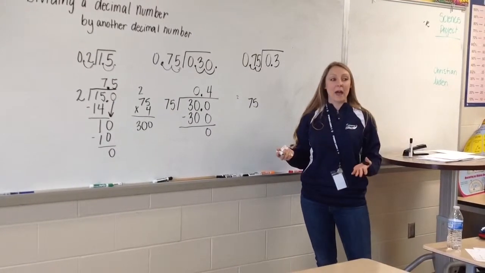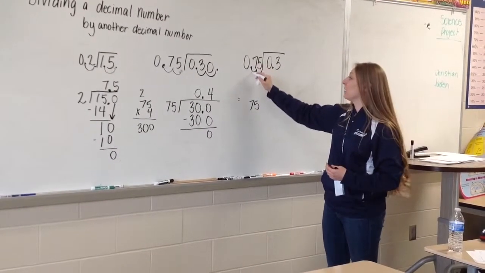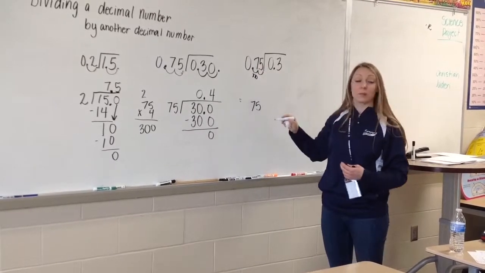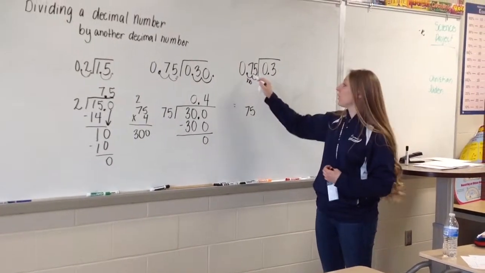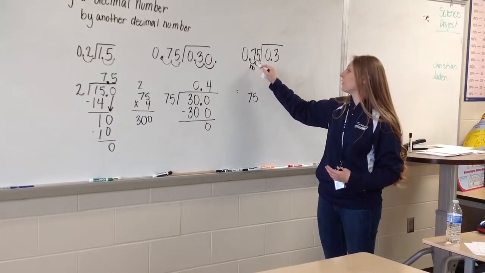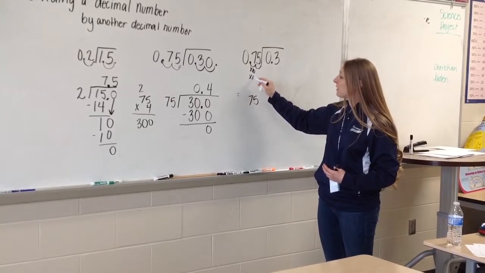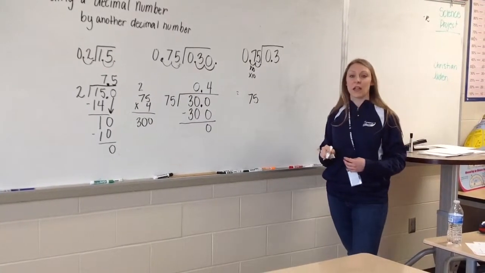Really what's happening is every time you move that decimal place to the right, you're basically multiplying that place value times 10. So I move it over 1 space, it turns into 7.5. If I move it over another space, it turns into 75. So it's kind of like times 10 and then times 10 again.